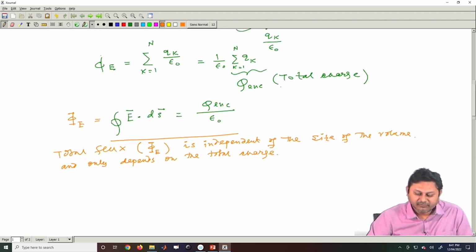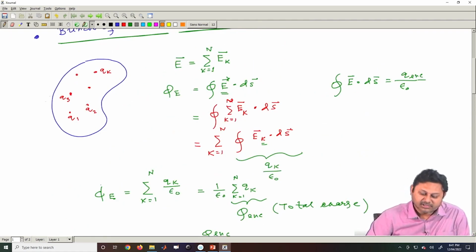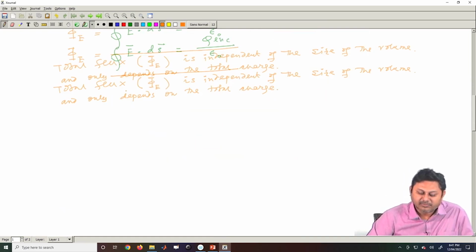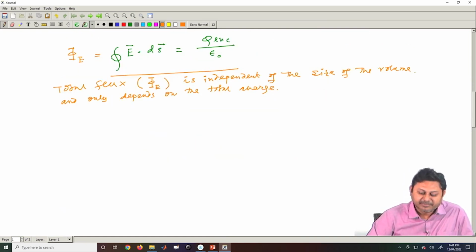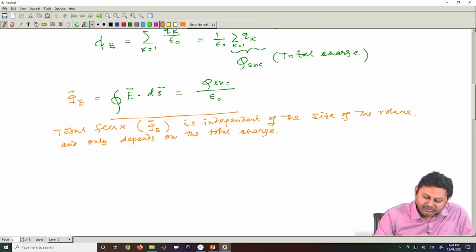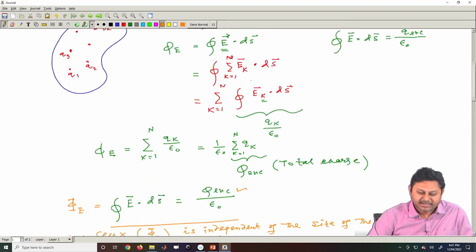I can make different volumes by enclosing all this charge with different kinds of closed surfaces, but that does not matter. Whatever the volume is, for all cases the total amount of flux is the same, and it is determined only by the term q enclosed. What matters is the amount of charge enclosed.